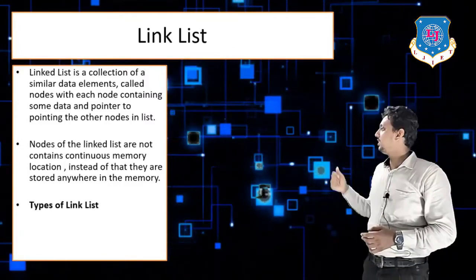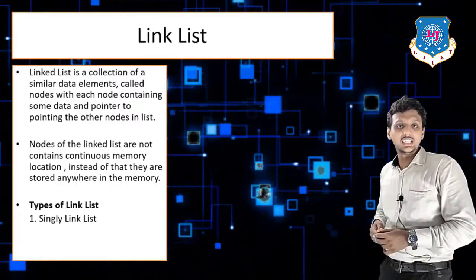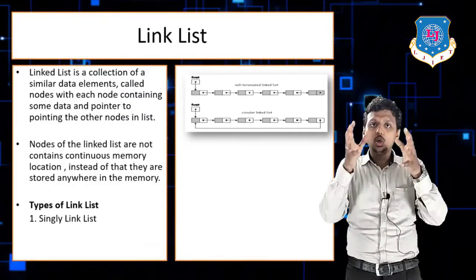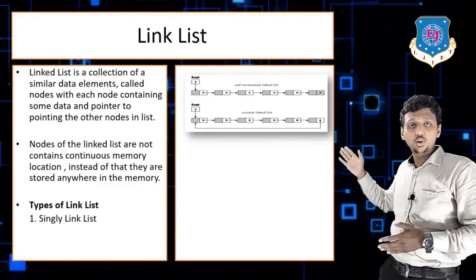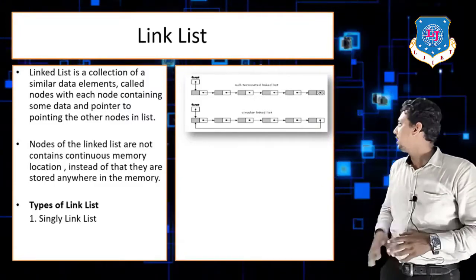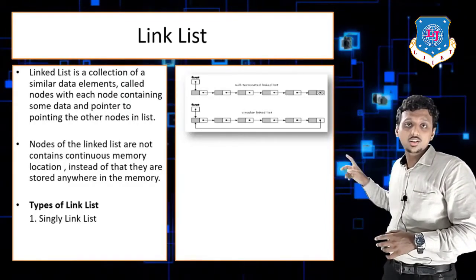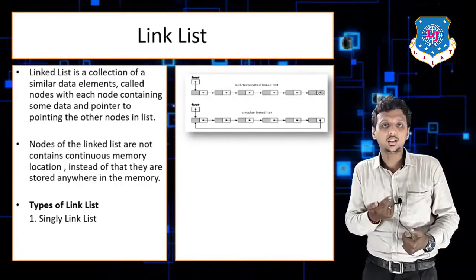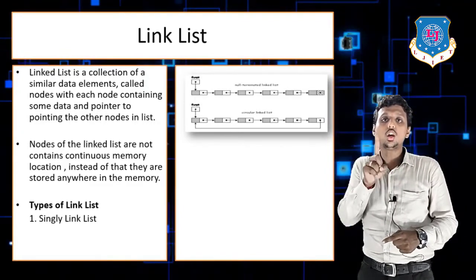So now let's see the types of linked list. The first type of linked list is the singly linked list. In a singly linked list, the last node of the list points to null. See, here in the figure the first node is pointed to by first or start. So students, in a linked list we have a first pointer, which points to the first node of the list.